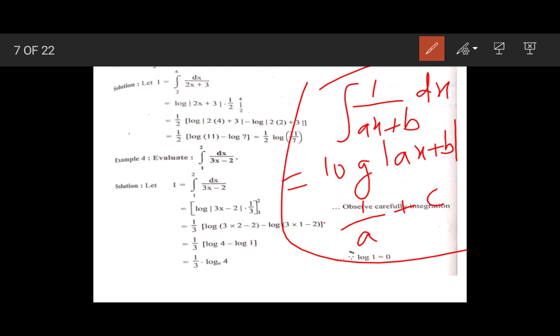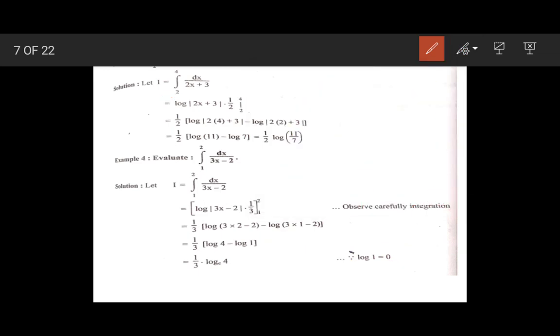But this is an example of a definite integral. So here it will be log mod of 2x plus 3 into 1 upon 2, since a is 2, with limits of integration 2 to 4.